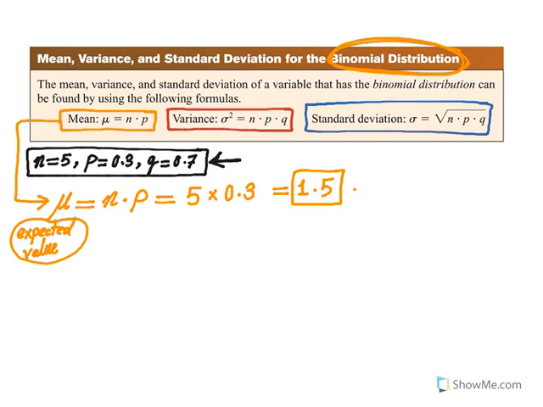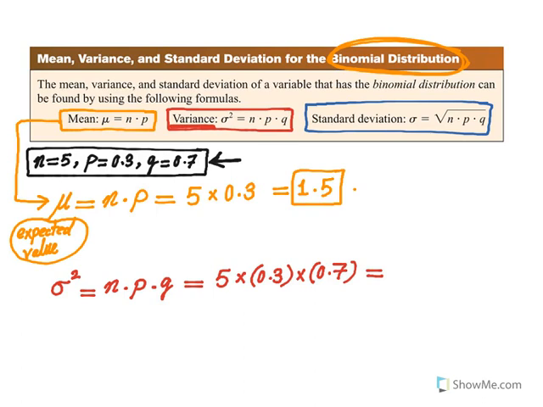Okay, now the variance, which is the second one, the variance, sigma square is equal to n times p times q. And in this case, it would be 5 times p is 0.3 times q is 0.7. And if you do it on your calculator, you'll get approximately 1.050. Okay, and that would be our variance in this question.